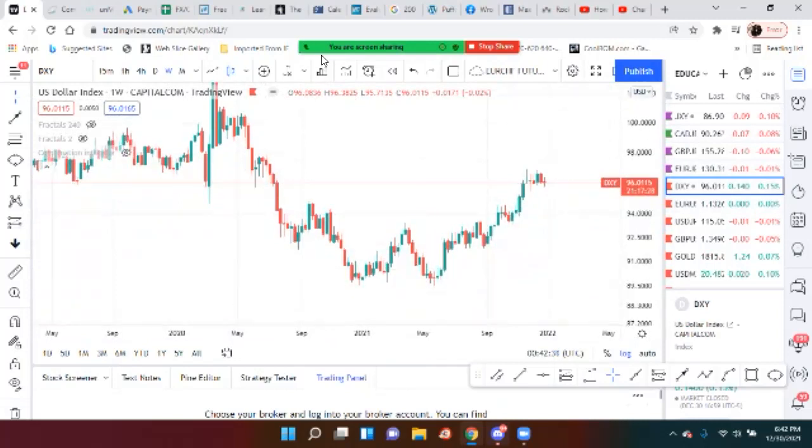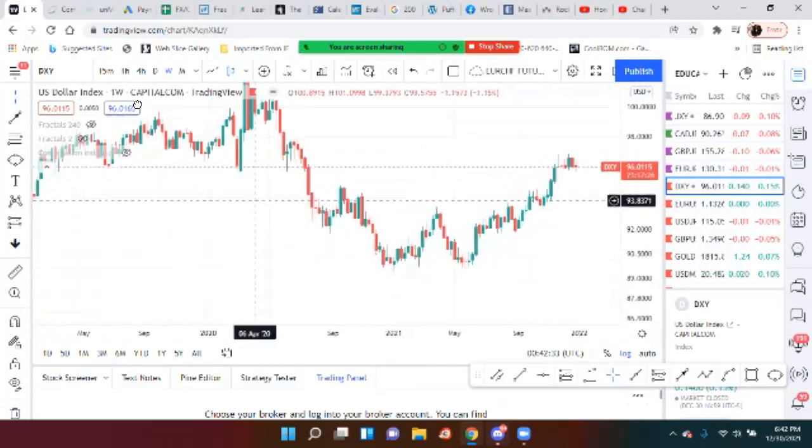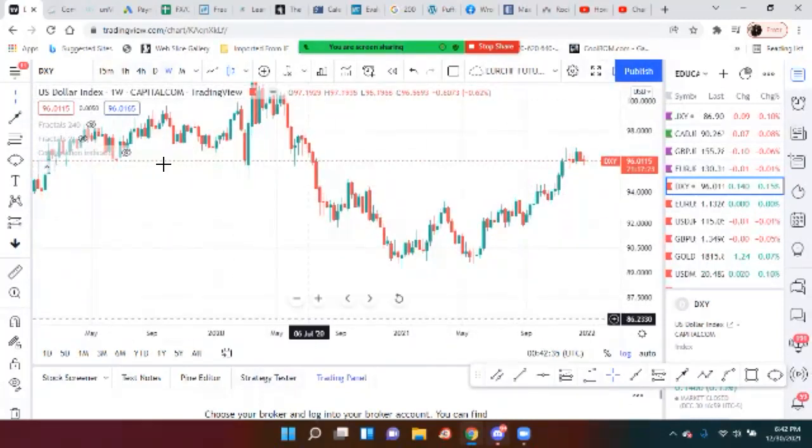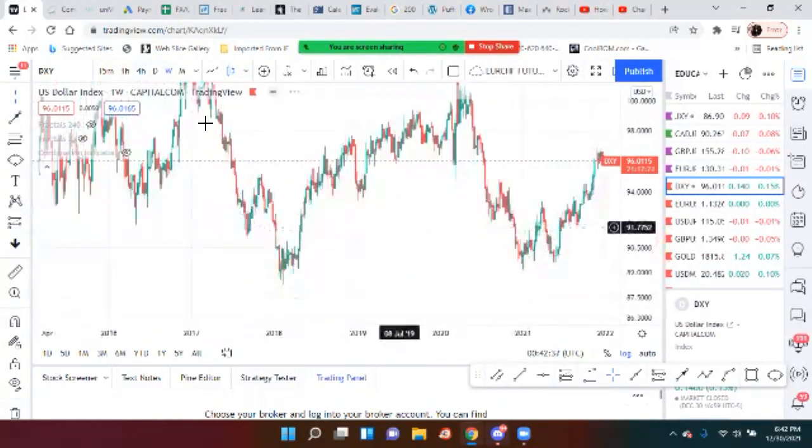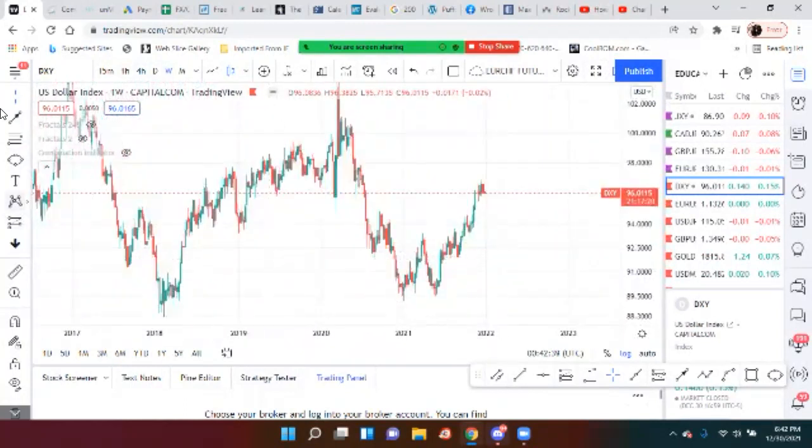Here's the dollar index. All right. Let me spread this out. So this is the dollar index. The dollar index basically is the dollar versus every other currency. That's what the DXY is.